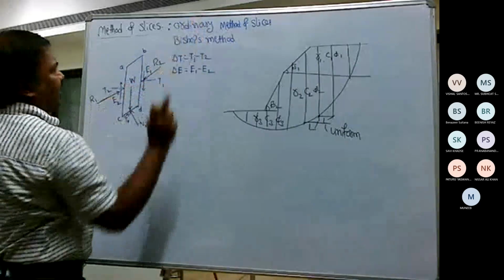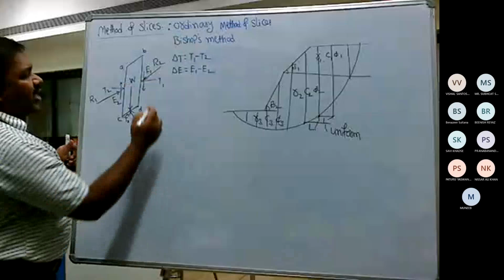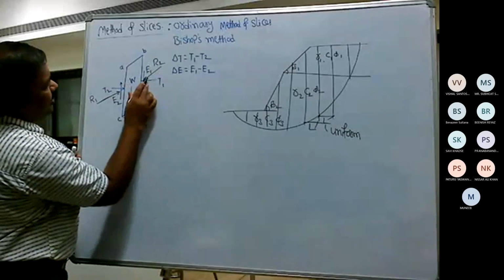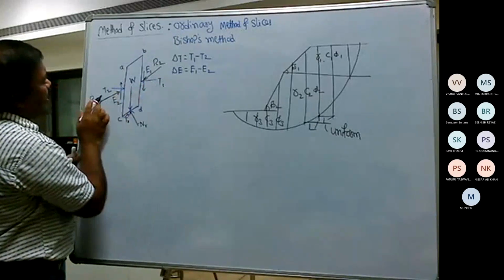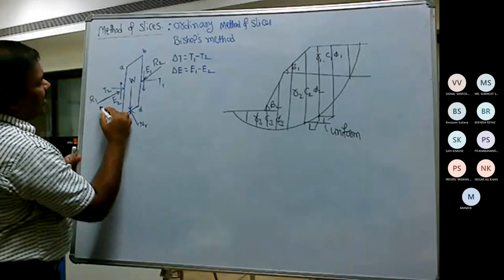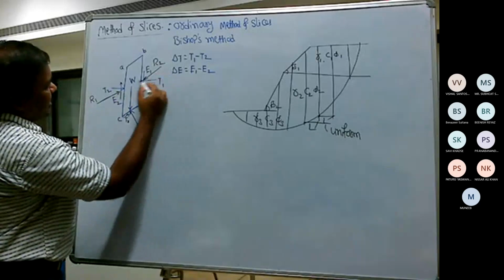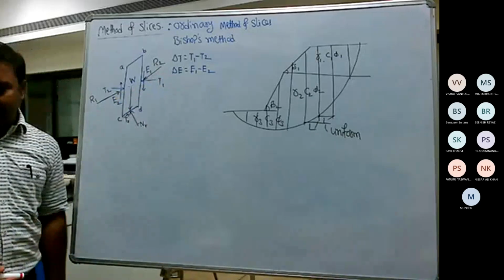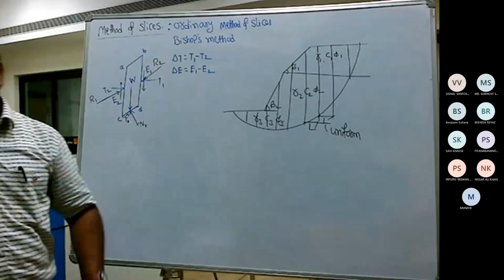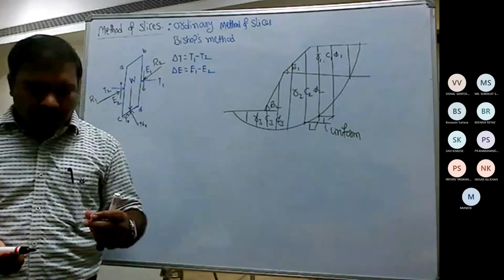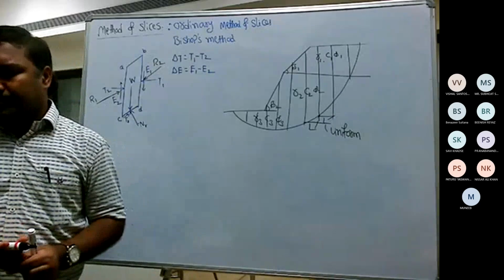In the ordinary method, it is assumed that the resultant of E1, T1 and T2, E2 have lines of action that coincide. Thereby, they do not contribute to the factor of safety.